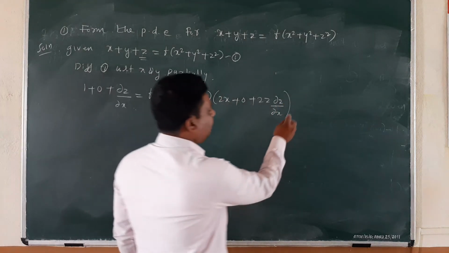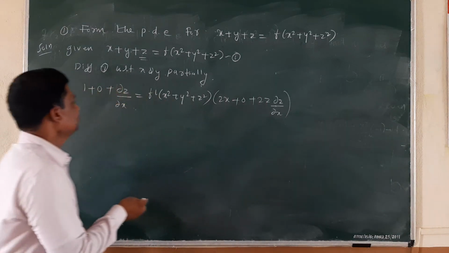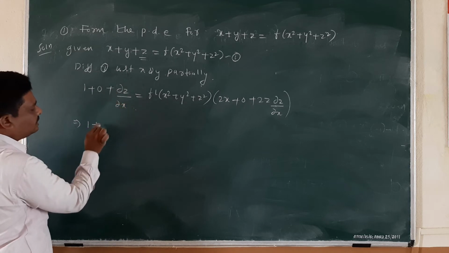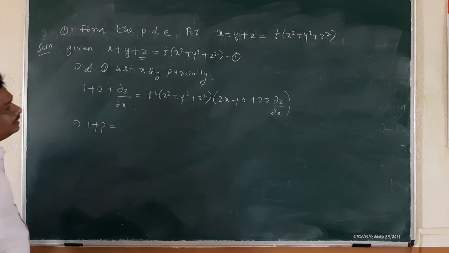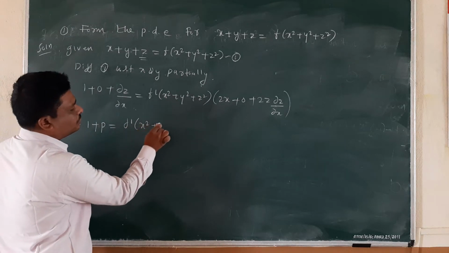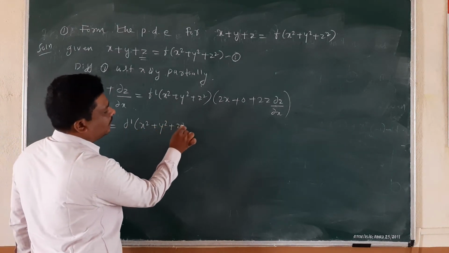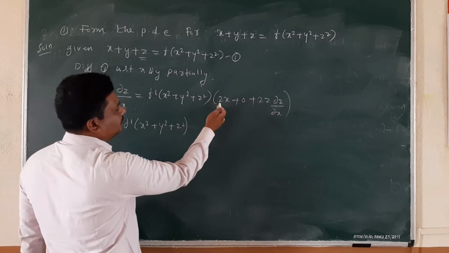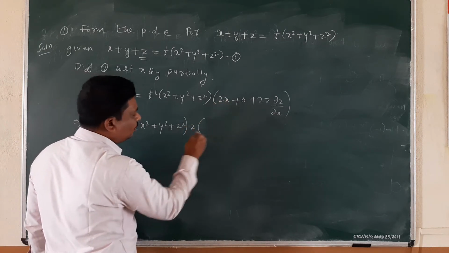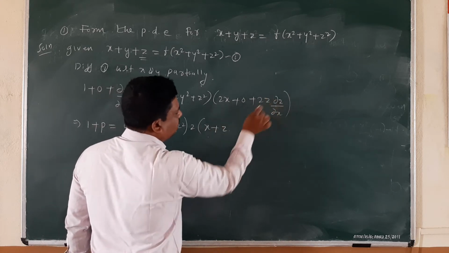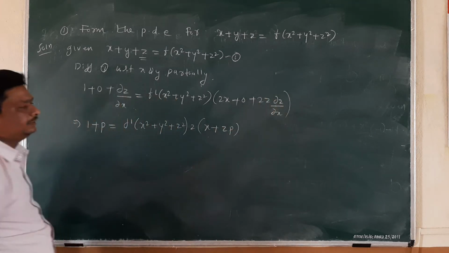So this implies 1 plus dou z upon dou x, nothing but p, is equal to f dash of x square plus y square plus z square into, so here I will take 2 common, 2 into x plus z dou z upon dou x, is p.